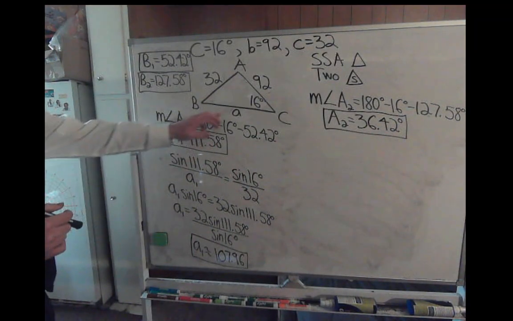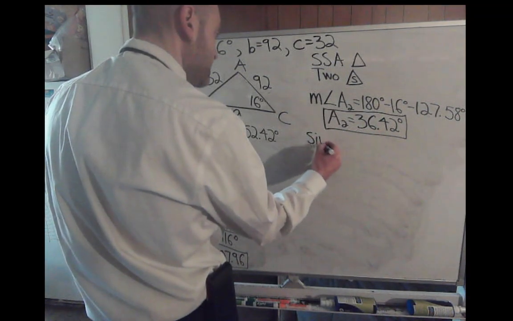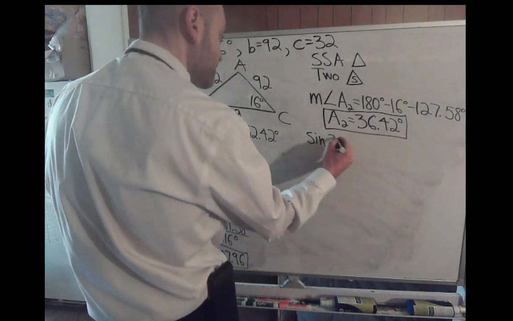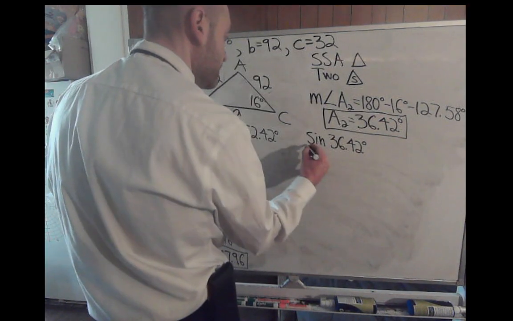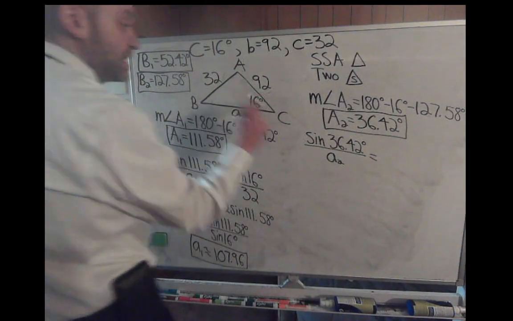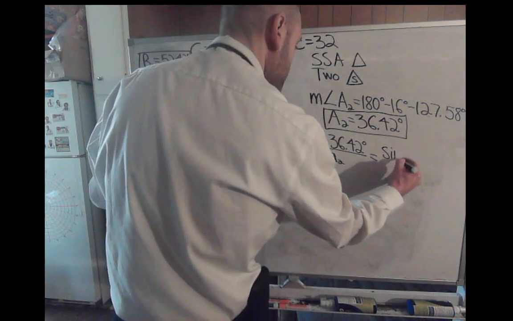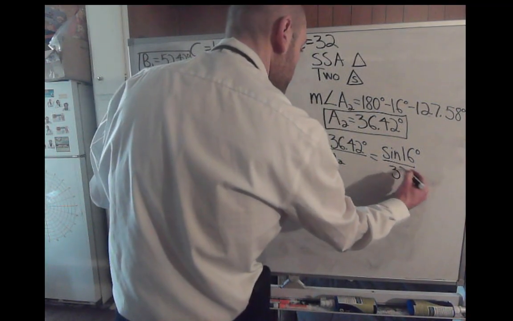Now we need to find side A sub 2. So we'll take the sine of A2, which is 36.42 degrees, over side A sub 2, equal to the sine of 16 degrees all over the 32.